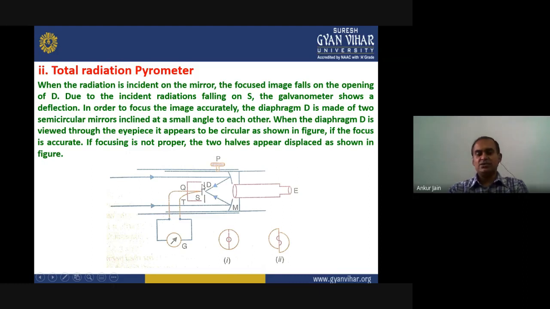If the focus is not right, the half circles will be shown like this. They are not perfectly fit to each other, so adjustment is needed to make the fine circle. The focus is directly visible through this circular image. If focusing is not proper, the two halves will appear displaced as shown in this second figure.